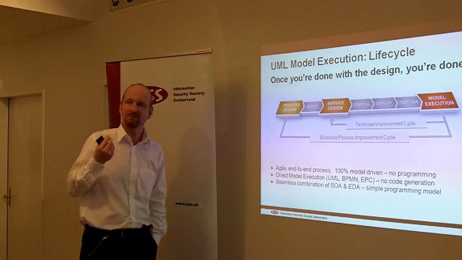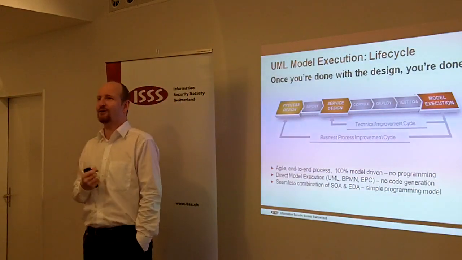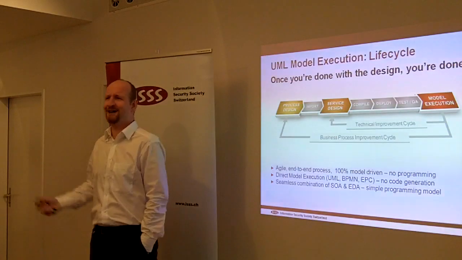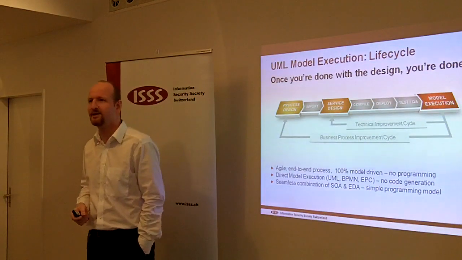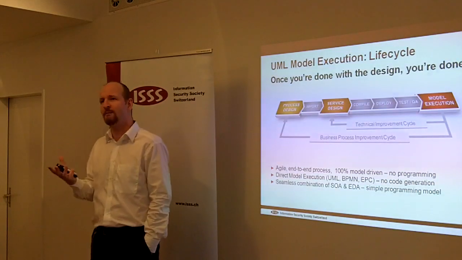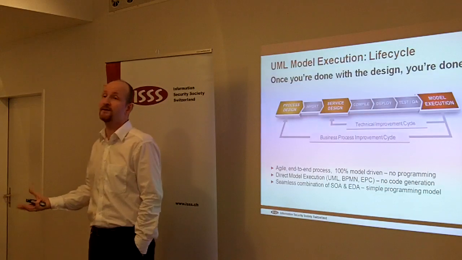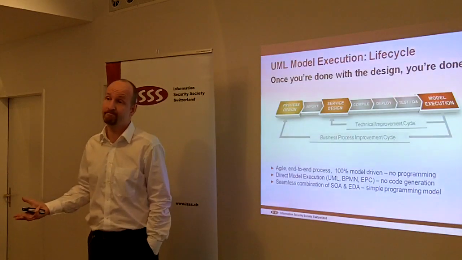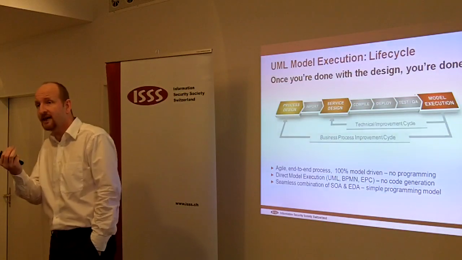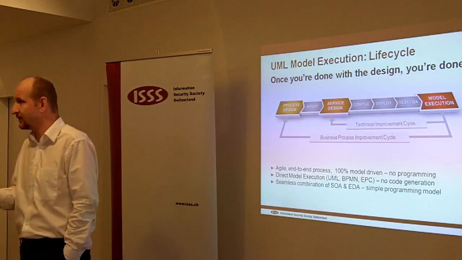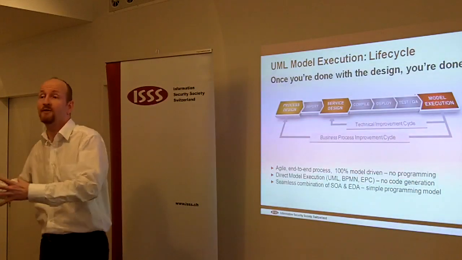It's just that the input that we use, many of you might ask, well, you start with graphical models, so how the heck do you get executable code out of that? Well, it's a whole lot simpler than you might think, because UML models, although graphically displayed, are stored on disk in XML. So what we do is we've created a compiler which takes this XML standard, it's called XMI, XML Metadata Interchange, and we built a compiler for that.